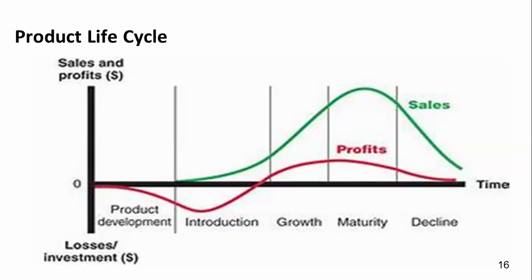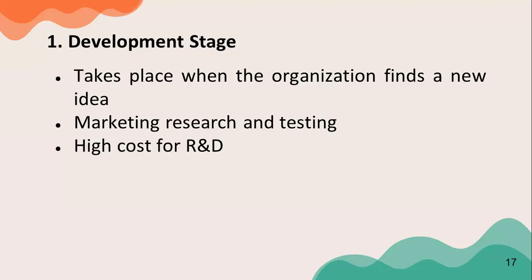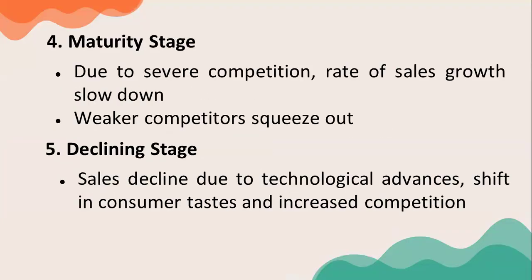Your sales increase, but the rate of increase goes down. In the growth stage, sales increase at a high rate. Here, sales increase at a slow rate, reach a maximum point and start to decrease at the maturity stage. This happens because of the higher competition.